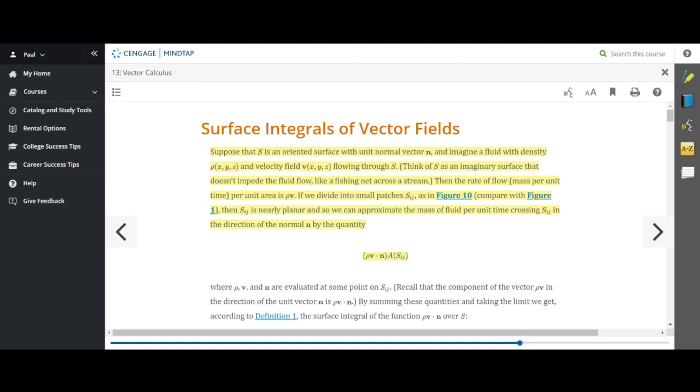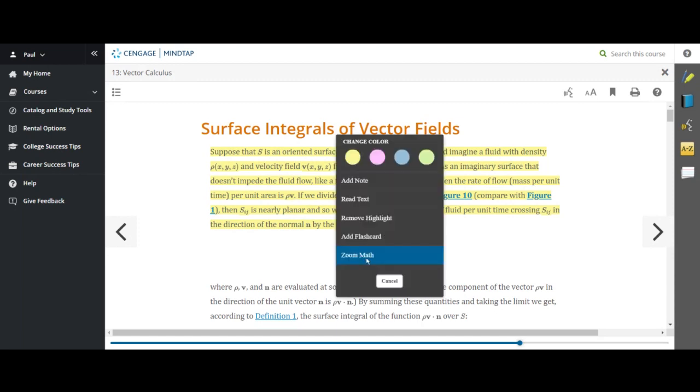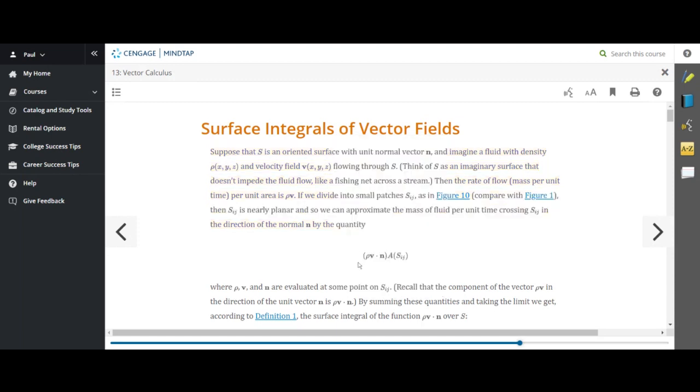They talk about dividing the surface into small patches, and then we can approximate the mass of fluid per unit time crossing a patch by this formula: the dot product of the density times the velocity field with the normal vector, times the area of the ijth patch.